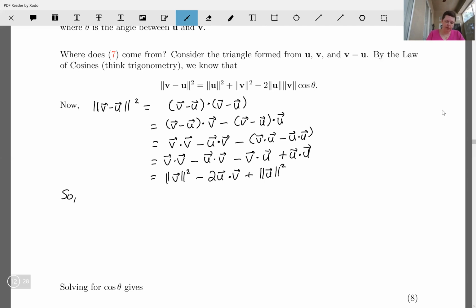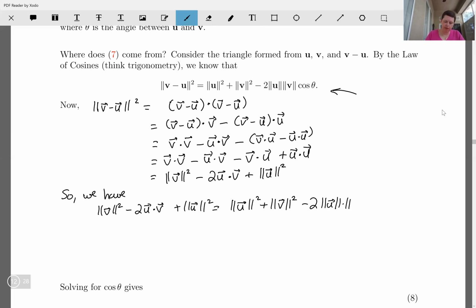And so if we plug that into that equation, we have magnitude of v squared minus 2 u dot v plus magnitude of u squared is equal to the right-hand side, which was the magnitude of u squared plus magnitude of v squared minus 2 times the product of those magnitudes times cosine of theta.